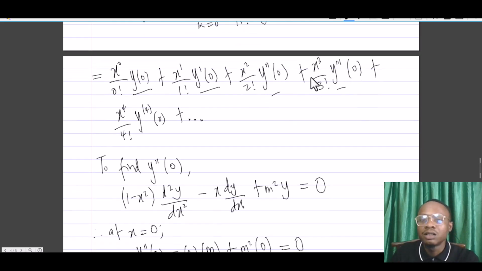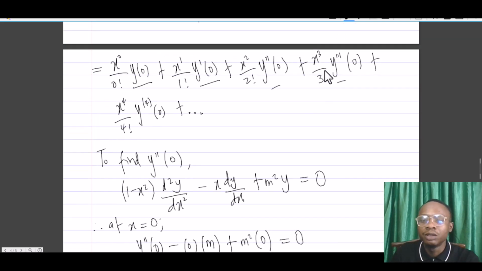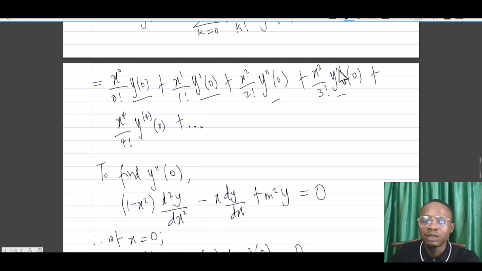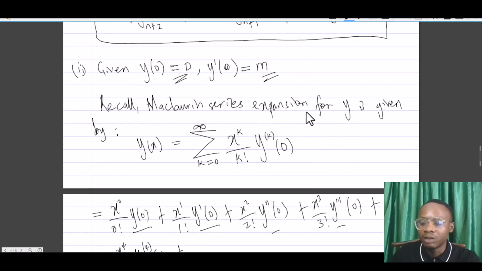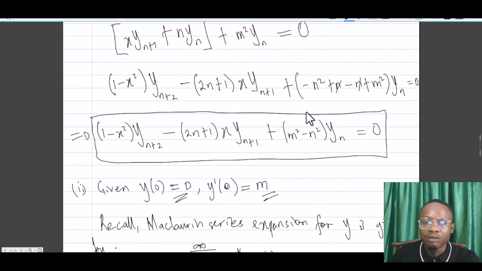Another thing is y prime prime prime, the third derivative. To get this third derivative and subsequent derivatives, we have another relation which is supplied in the question and which we have also verified as part of the solutions to this problem. This tells us that if we have the nth derivative, we can get the n plus 1th derivative and the n plus 2 derivative. So if we have the first derivative already, we can now get the second derivative.